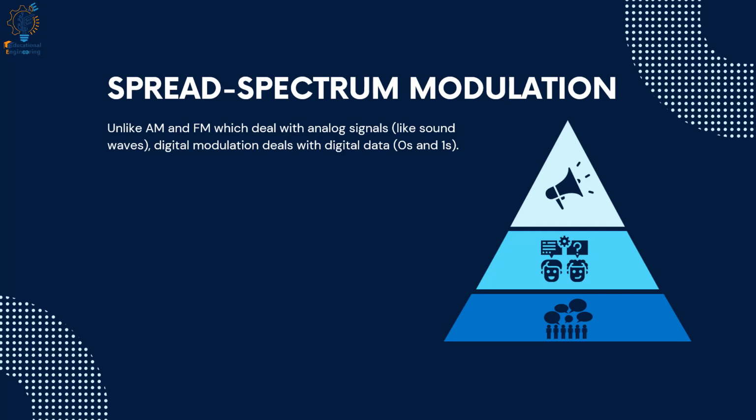This data is encoded by manipulating some aspect of a carrier wave, like frequency or amplitude, according to a set of rules. Spread spectrum modulation is a technique that takes the concept of digital modulation a step further.